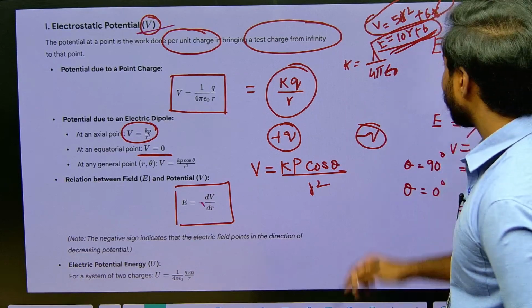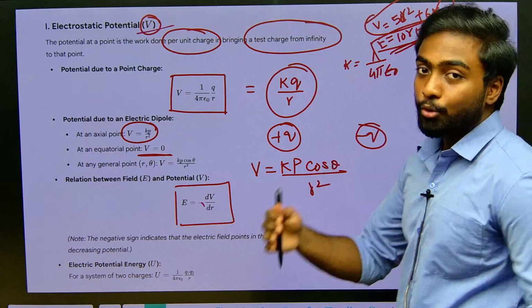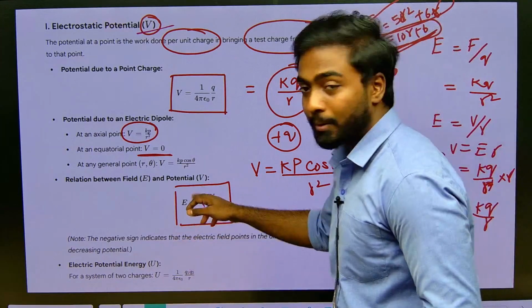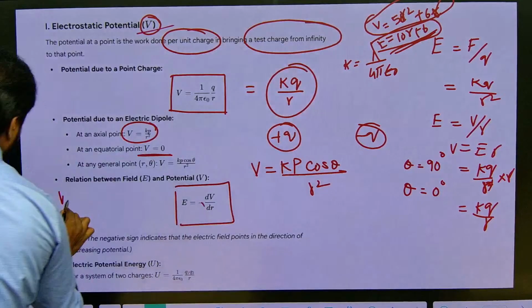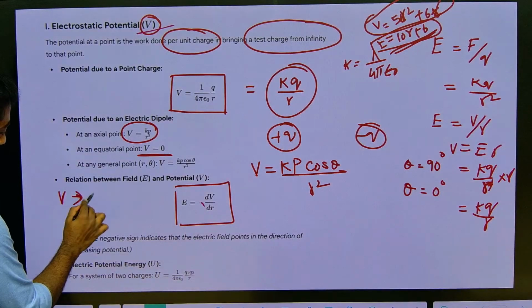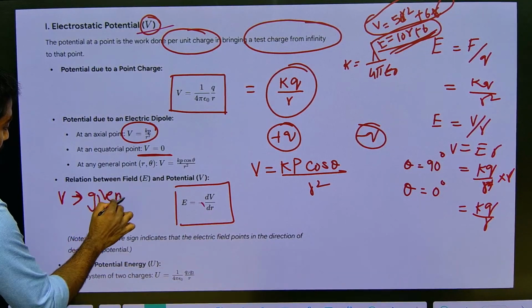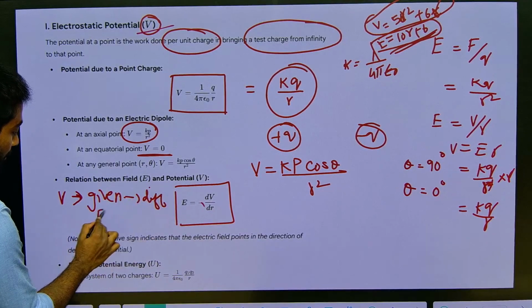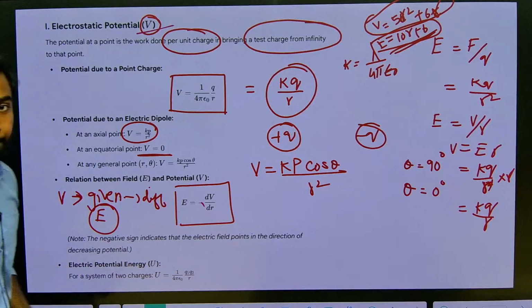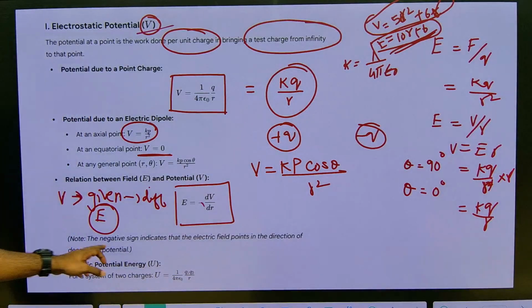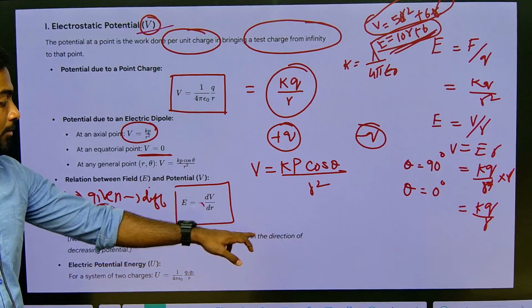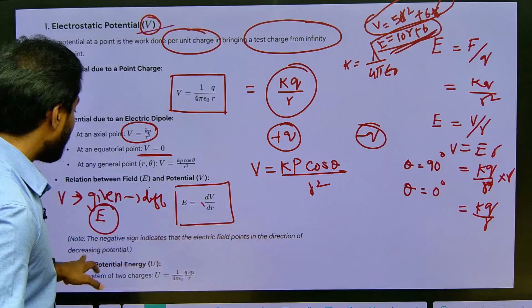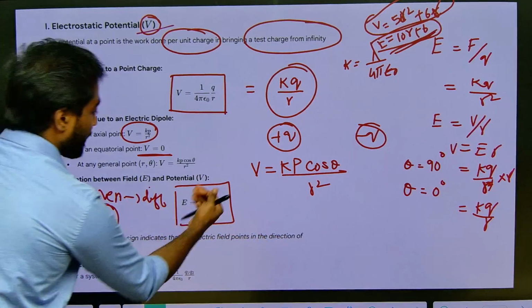So when the equation of V is given, do the differentiation and you will get the equation of E. The negative sign indicates that the electric field points in the direction of decreasing potential.